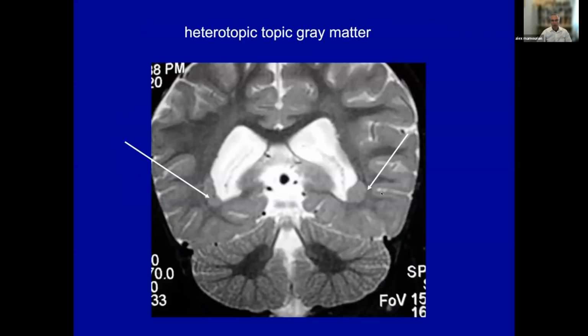Heterotopic gray matter is best seen if you look at the periventricular region as a common location, but you especially want to look in this area lateral to, in this case, the atrium and proximal portion of the temporal horn. You see this tissue that lines the lateral portion of the ventricle, and I tried to illustrate for you in those cases that there should be no gray matter lateral to the temporal horn.